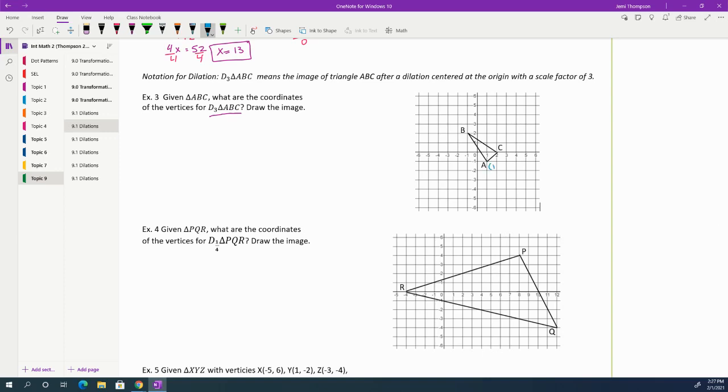So A is the point 1, negative 1. B is the point negative 1, 2. C is the point 2, 0.